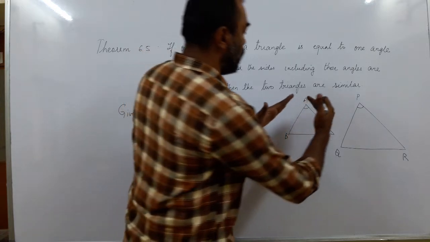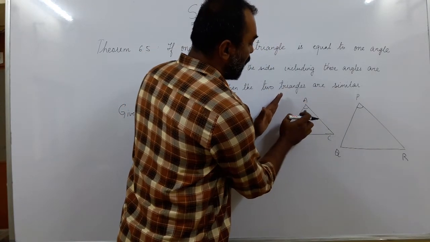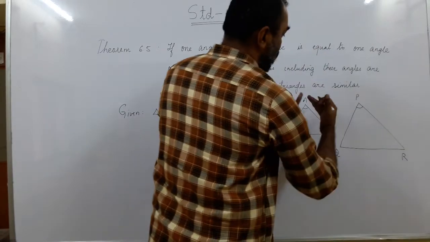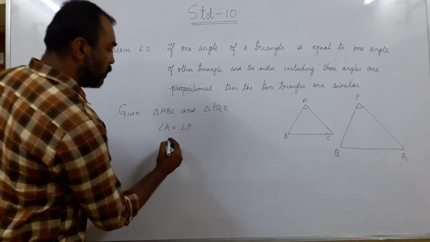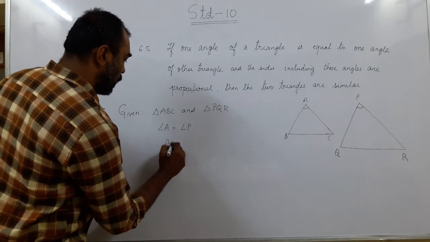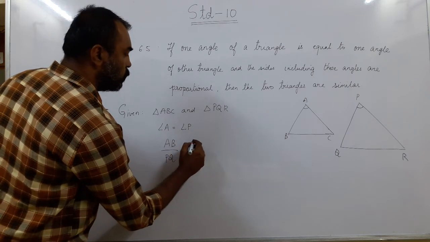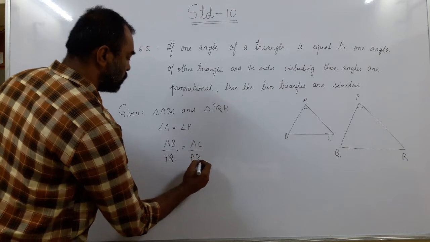Means you have to always take, if I take angle B, I should take these two sides. But if I have taken angle A, so I take these two sides. I have taken angle P, so these two sides. The sides which include the angle are proportional. So it is also given that AB upon PQ is equal to AC upon PR.